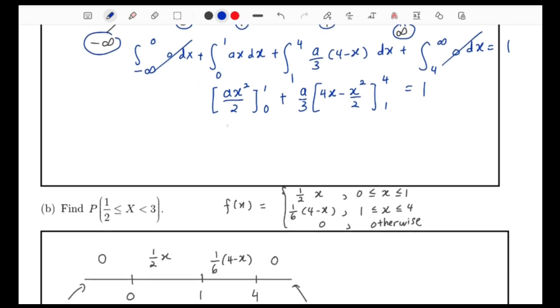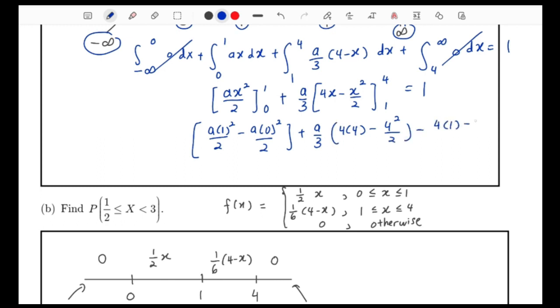And then substitute x equal to 1 and also x equal to 0. And for the second part, x equal to 4 and x equal to 1. And don't forget to make it equal to 1.